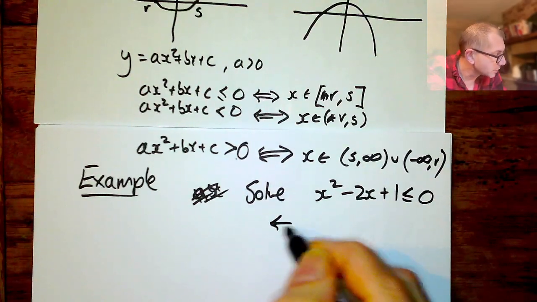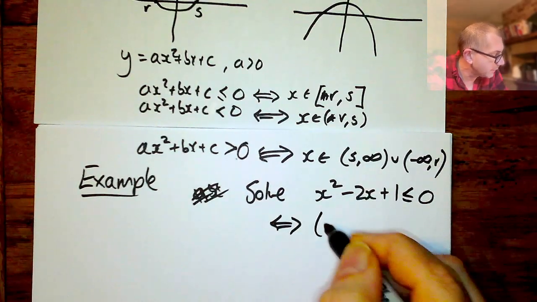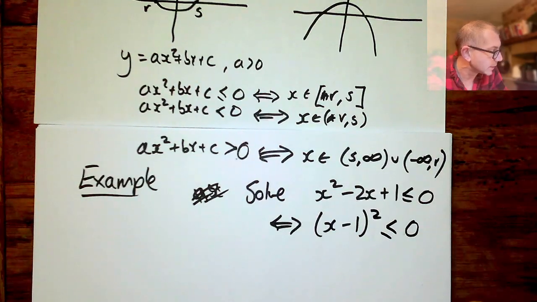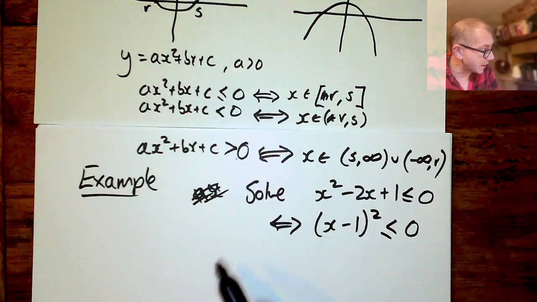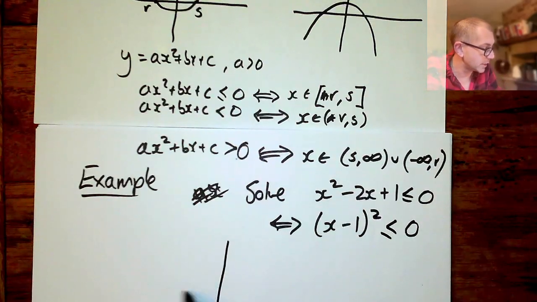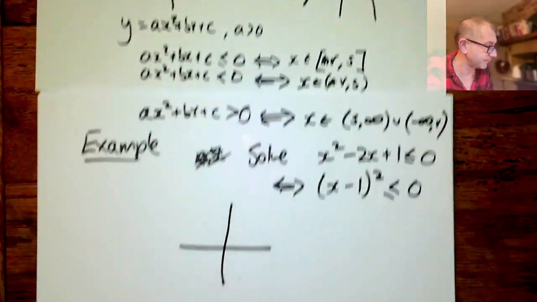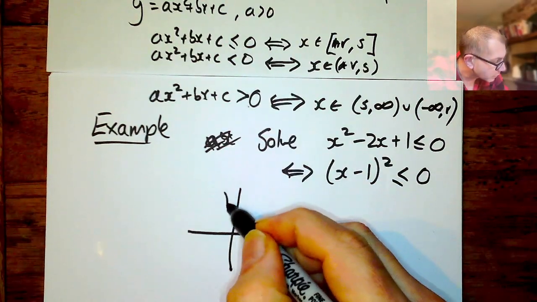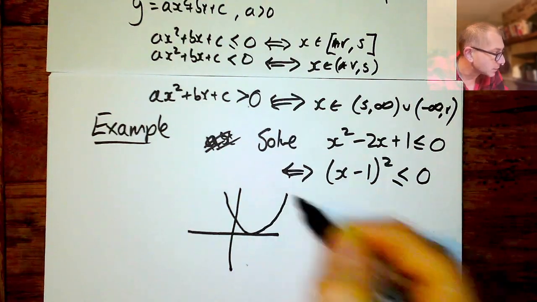So this is true if and only if (x minus 1) all squared is less than or equal to 0. And then we know how to sketch this quadratic. So y equals (x minus 1) all squared is going to look like that.